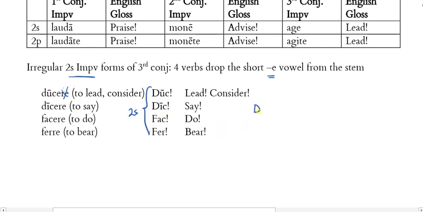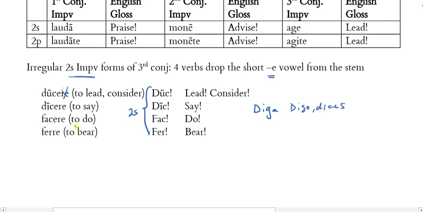And for those of you that speak Spanish, you might remember diga, like dígame, means say, tell me, and I say is digo, and you say is dices, right? And this is based on the same root as the Latin verb.